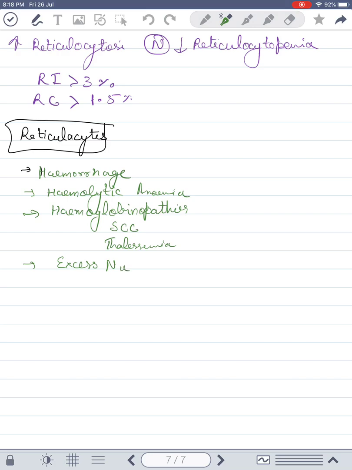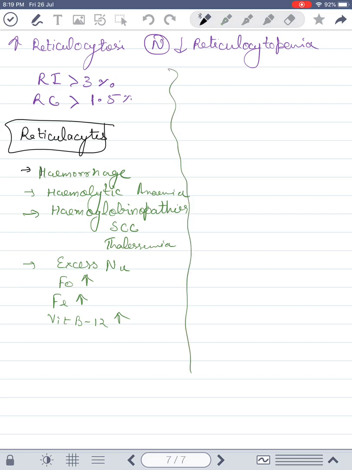Excess of nutrients means when there is nutritional supplement therapy for anemia, that is, folate supplements, iron supplements, and vitamin B12 are increasing. This way we can have a lot of reticulocytes.